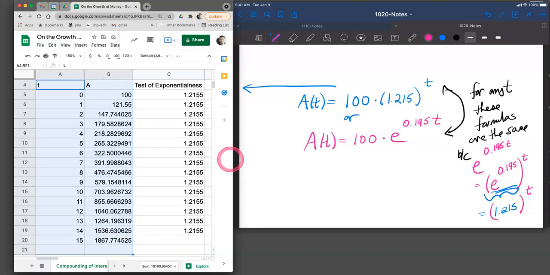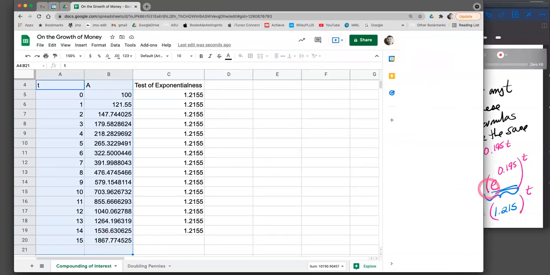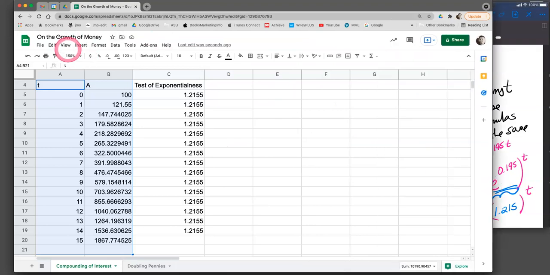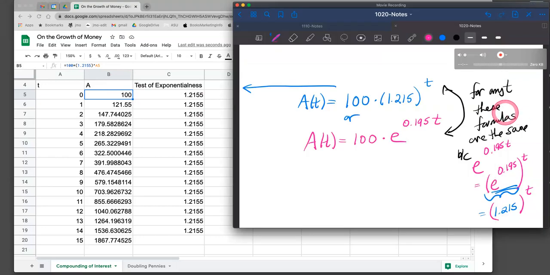If we insert a chart, this data comes from the compounding of interest of an account that has $100 in it, and we are compounding according to this formula quarterly at an interest rate that I can't remember, but we can see a previous video on that.